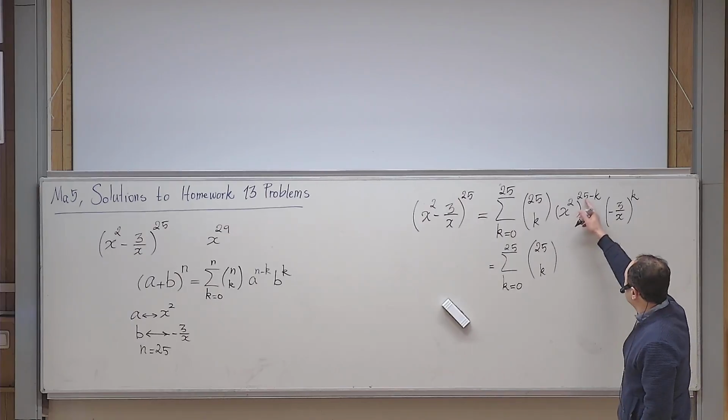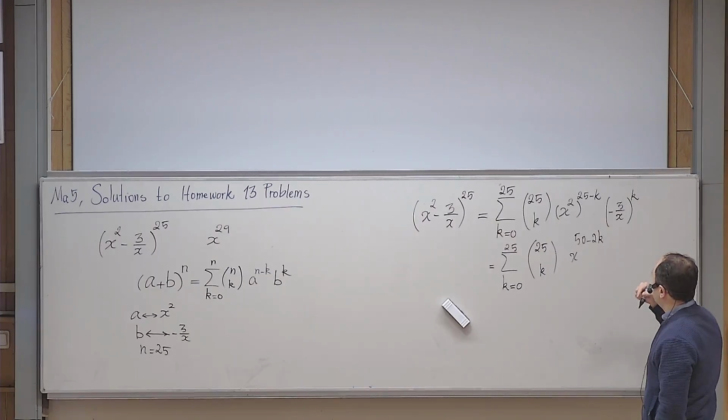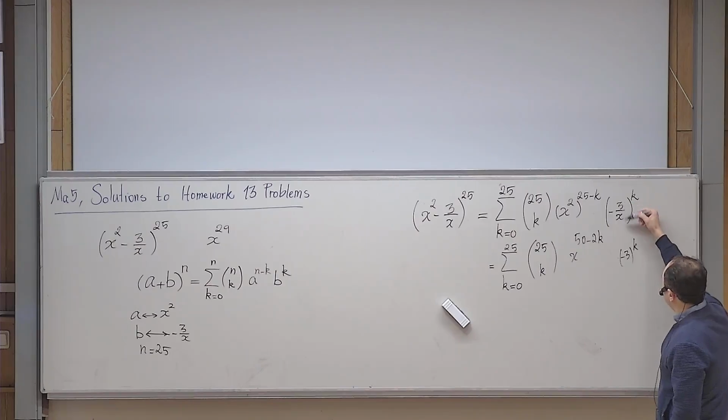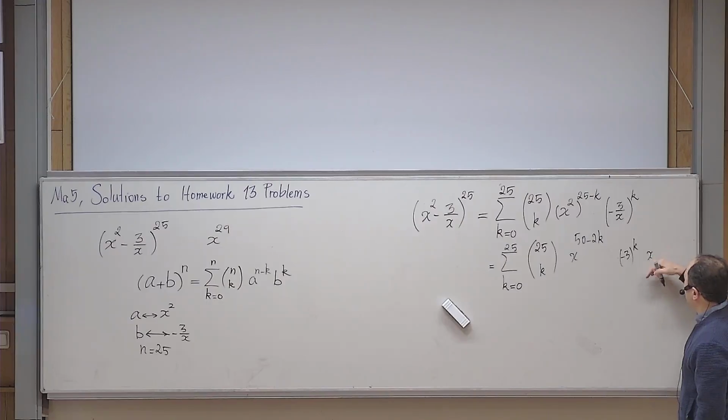So here, this becomes x to the power 50 minus 2k. Minus 3 to the power k is just a number. So let me write it here, minus 3 to the power k. And this will be 1 over x to the power k. I would recommend you to bring x up and write it as x to the power minus k.